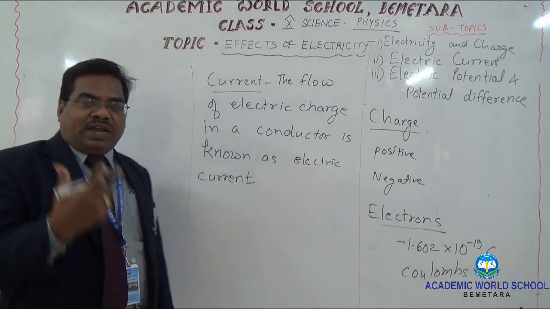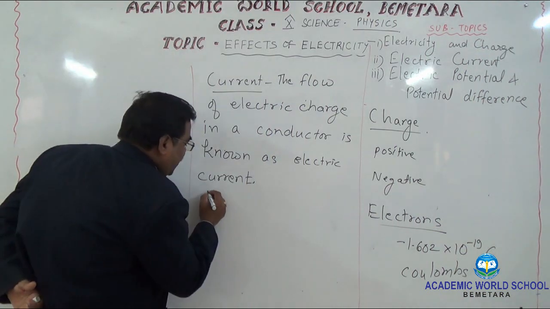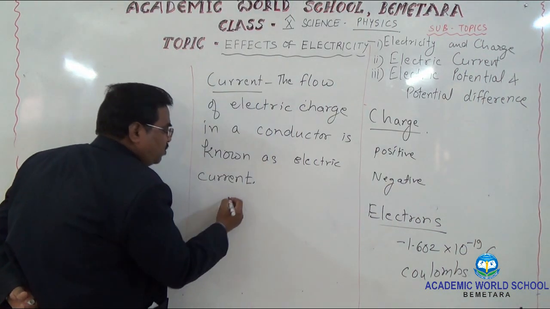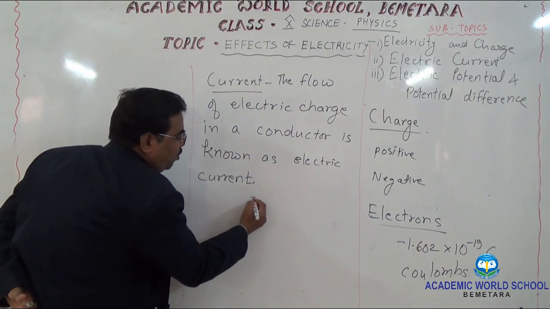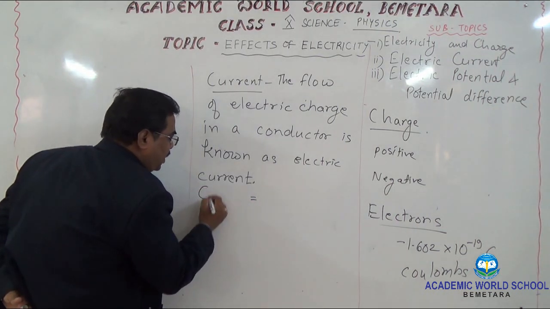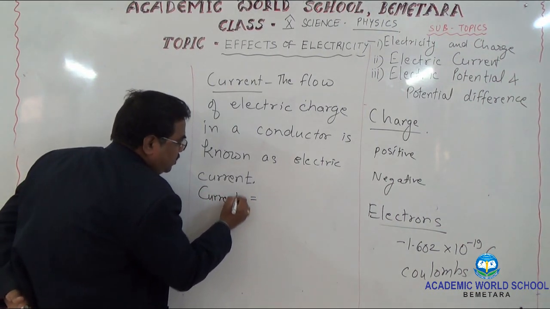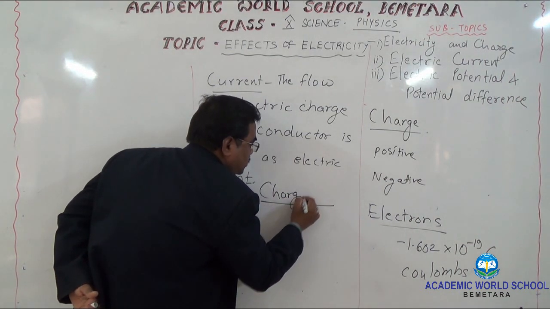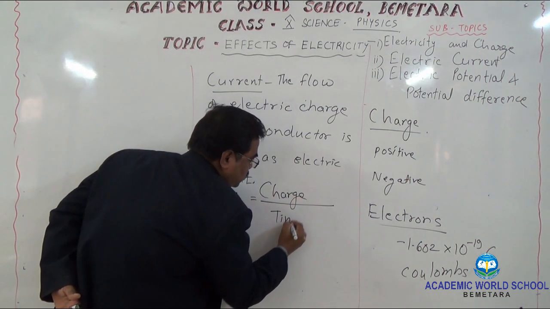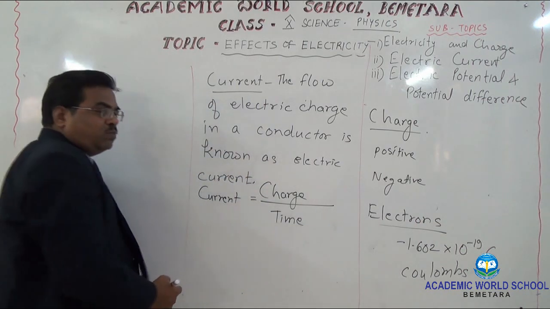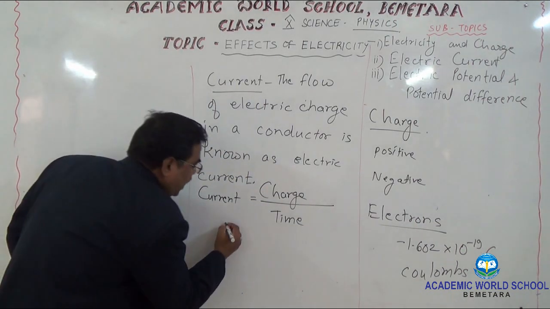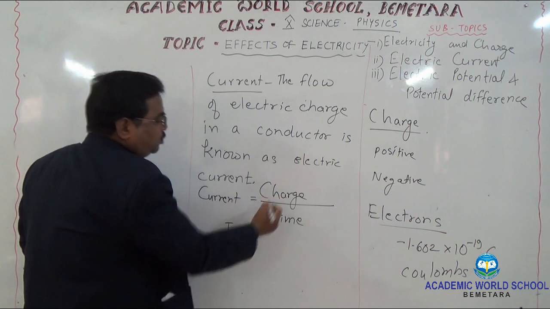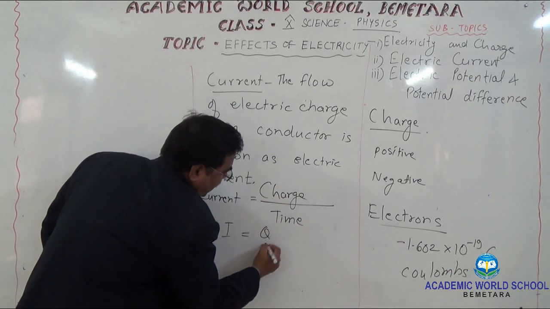How to measure electric current? To measure electric current, we have one formula. The rate of flow of charge is called current. The symbol for current is I, and I is equal to charge upon time.